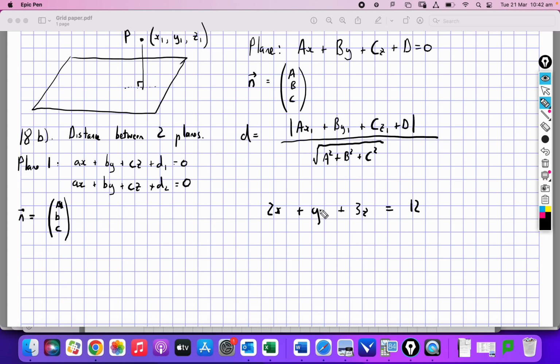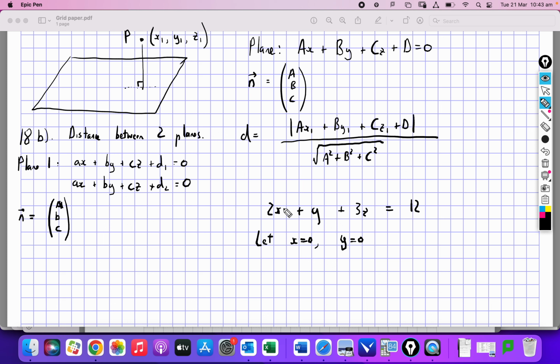One way I could find a point easily is just to let the x and the y equal 0. So this would be where this plane crosses the z-axis.